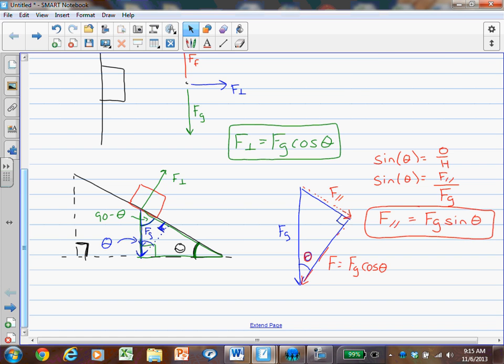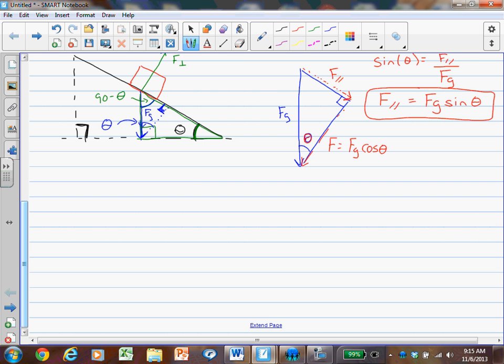So we have two equations: the parallel force, Fg sine theta, and the perpendicular force, Fg cosine theta.